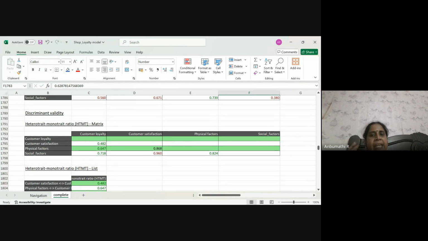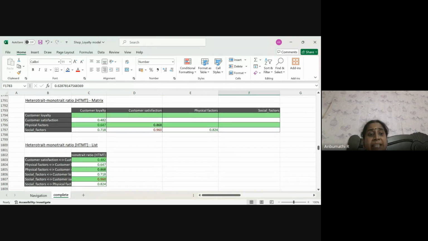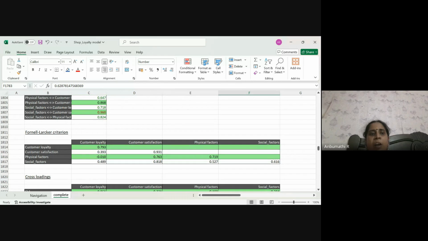In SmartPLS, discriminant validity was earlier established using the Fornell-Larcker criterion. You also know this because articles published 4 or 5 years ago have not touched anything like the HTMT criterion.